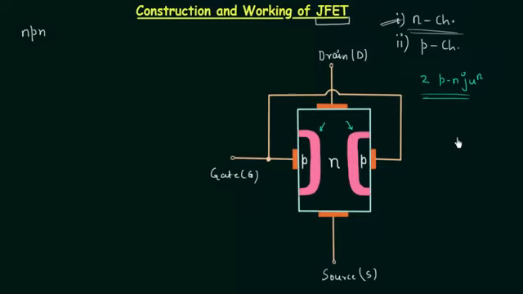And because of this we have two depletion regions. 2 depletion regions are formed at 2 PN junctions. The pink portion in the construction is the depletion region or depletion layer, and we already know the depletion region is depleted of free charge carriers.